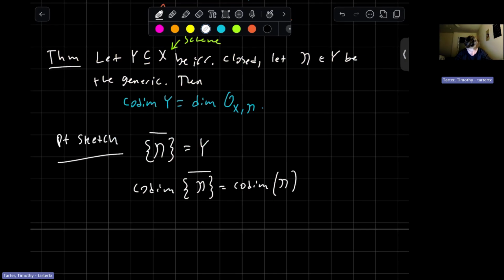Is the dimension of the local ring at the generic point? Well, according to Google, this is 0.